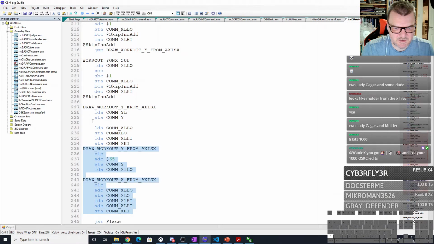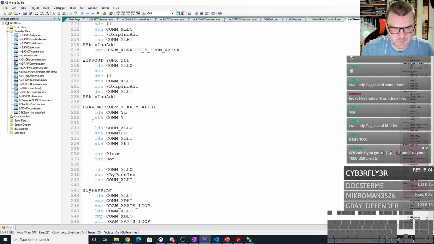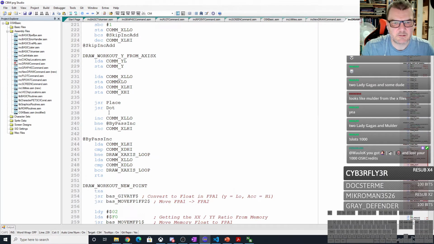So that's basically doing that. Draw, place it, draw the lot. Then, see that's doing the increase there, but we're not doing that. We need the counter for the delta.